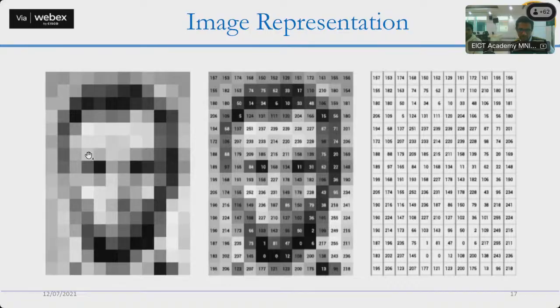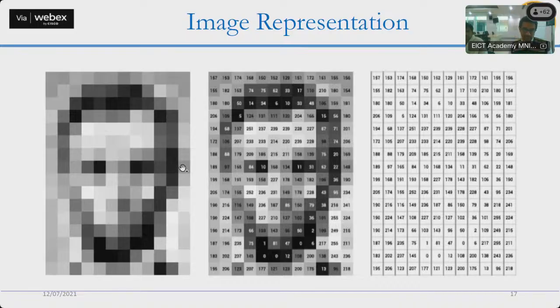We are able to recognize the face of the person with the help of pixels. We are seeing different shades. Here it is completely white, and here it is completely black. Between this white and black, the information is captured in the form of gray scale, the gray level.